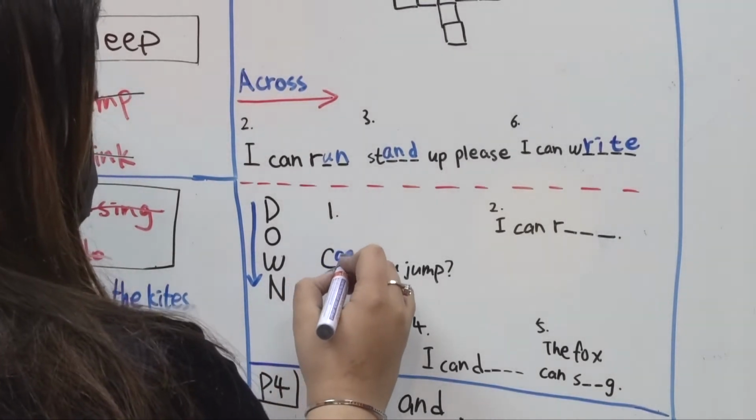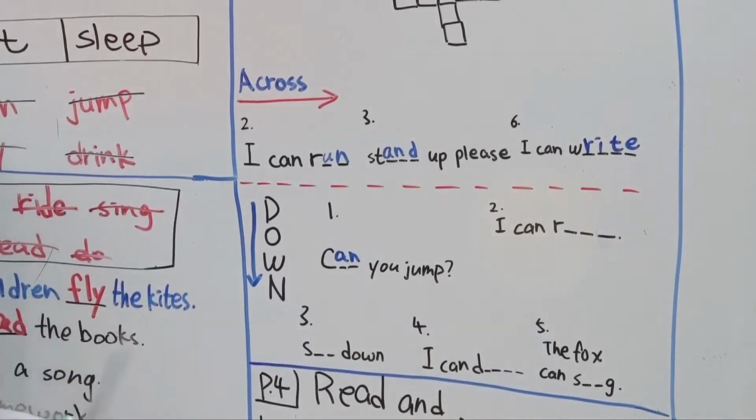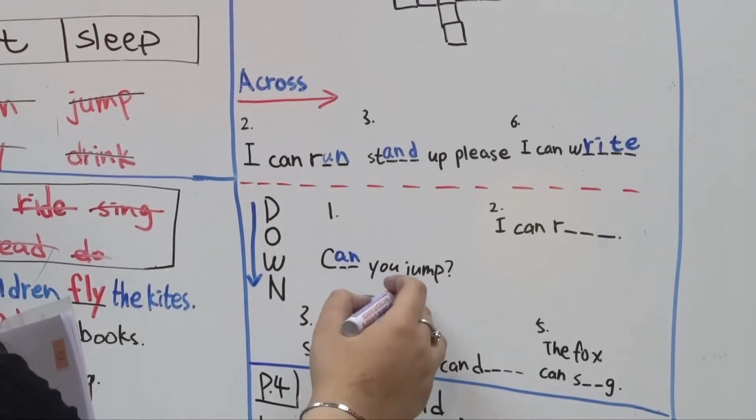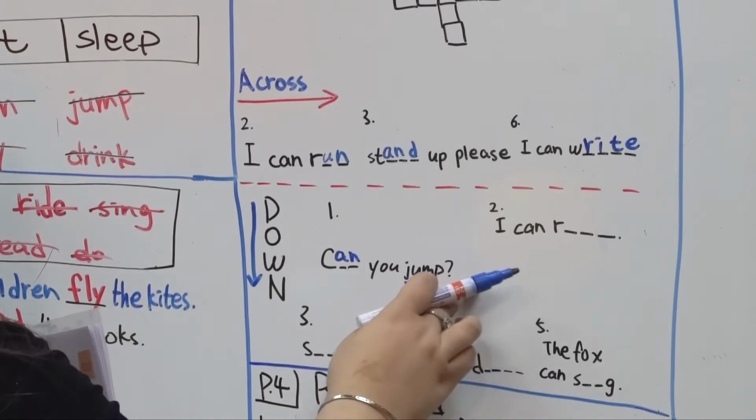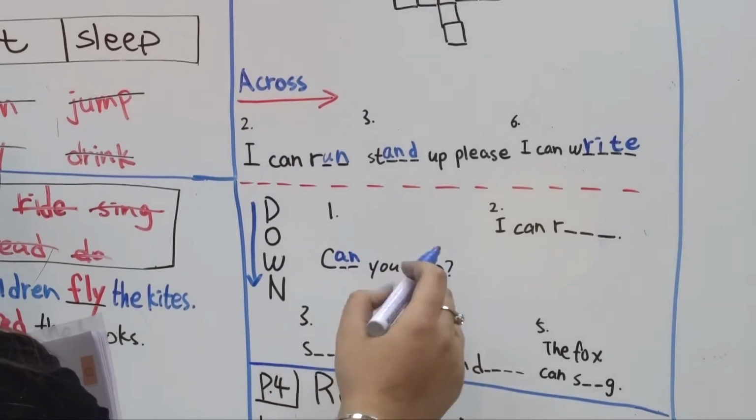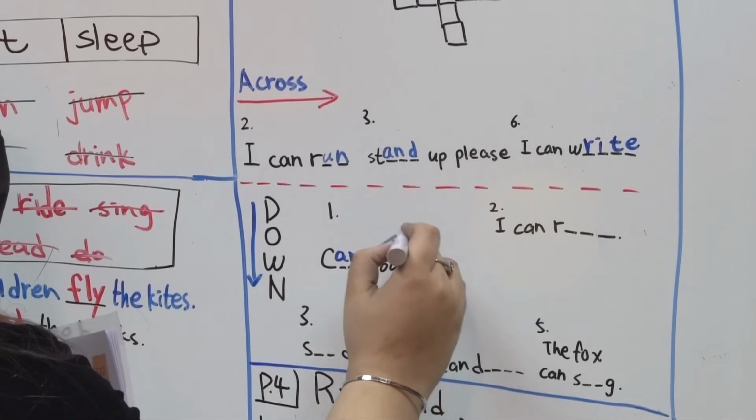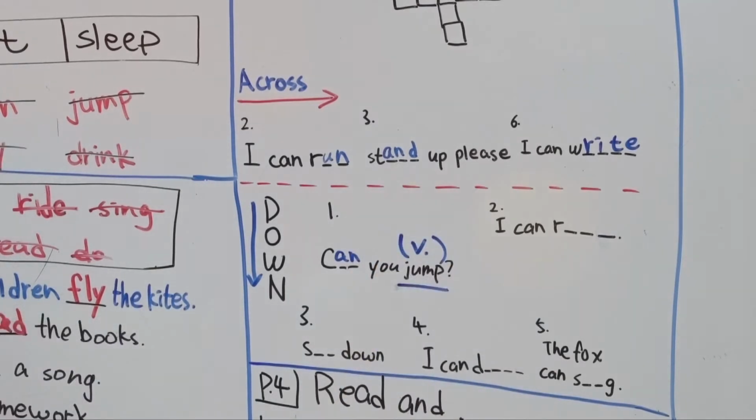But do you think can is the action? No, can is not the action. Which one is the verb here? The main thing. That should be jump, okay? Jump is the verb. Understand? V means verb.